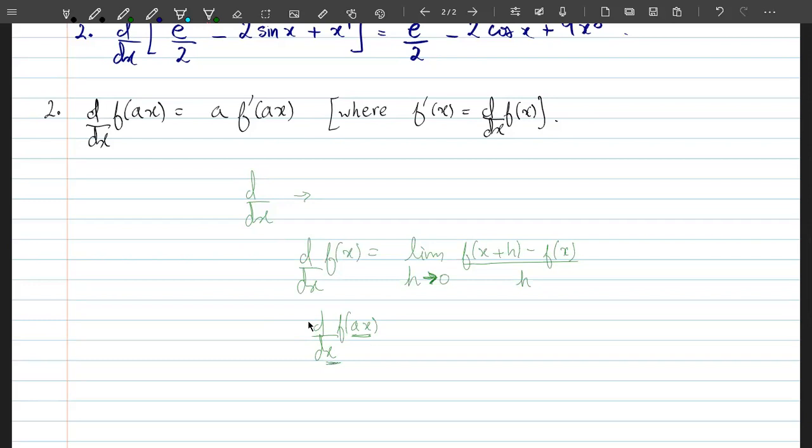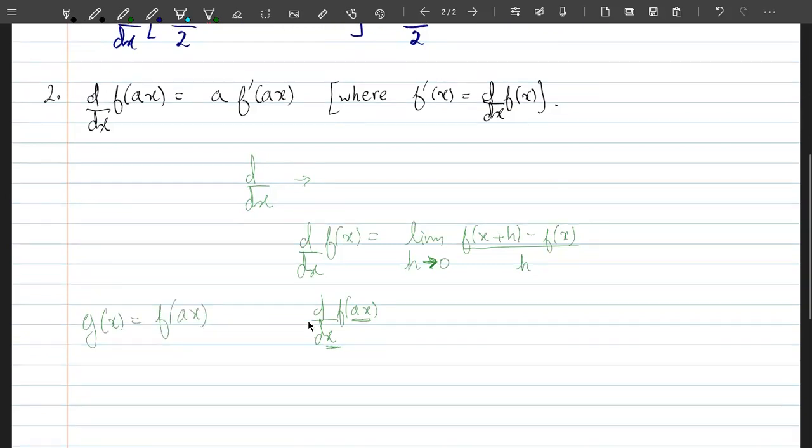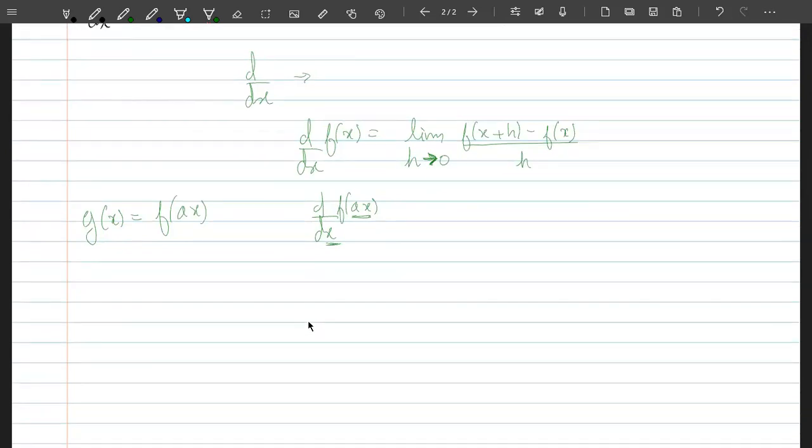So that's something different, right? But you can always think of f of ax as a new function. Let's say g of x is f of ax. There's nothing strange about that. For example, if you have sine 2x as your function, sine is one function because that's a well-known standard function.